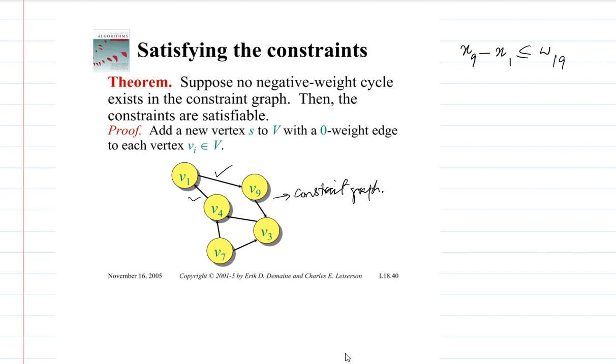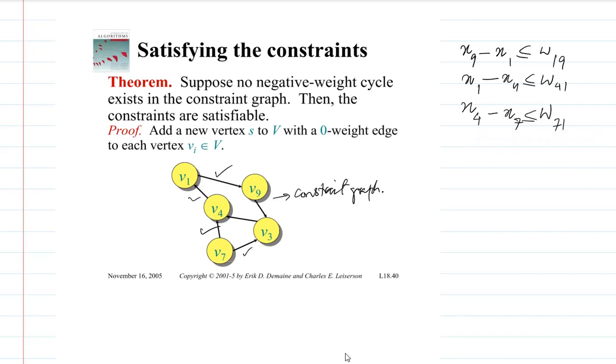Then let's talk about this one. We have x1 minus x4 should be less than or equal to w41. And then let's talk about this one. In this case we have x4 minus x7 should be less than or equal to w71.